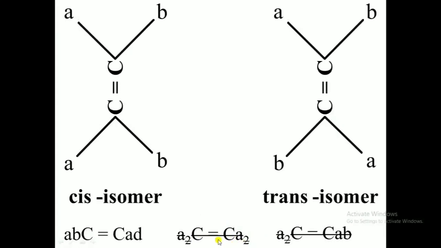All configurations will give you the same spatial arrangement. So there is no geometrical isomerism in this case. Also here, if this carbon atom has two similar atoms or groups, and on the other carbon atom one of the attached atoms or groups is different, again there won't be any difference in the spatial arrangement. So this molecular formula wouldn't give you a cis isomer and a trans isomer.